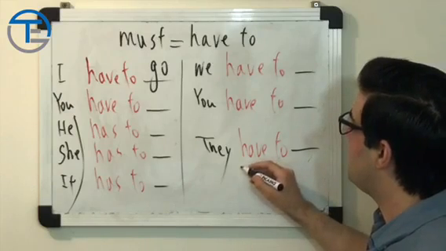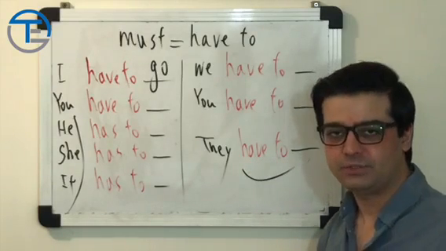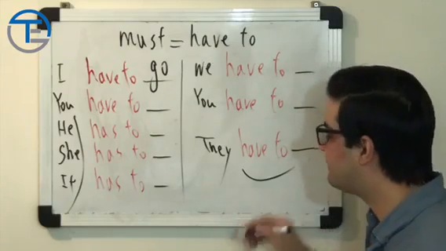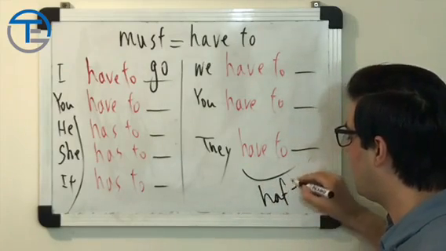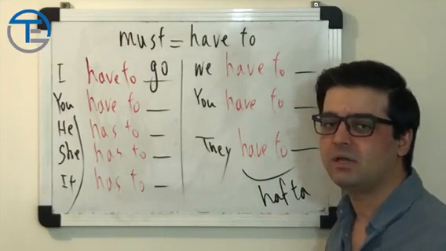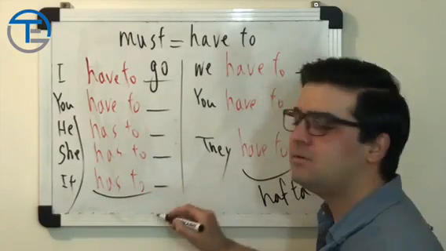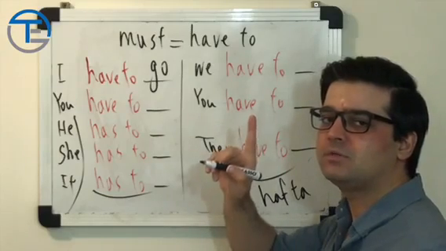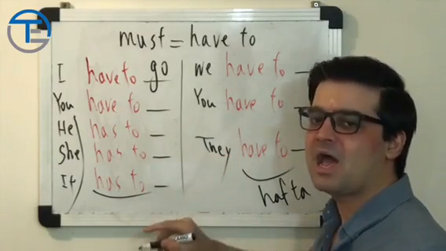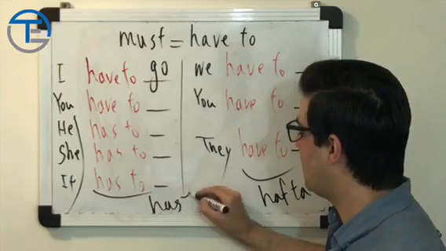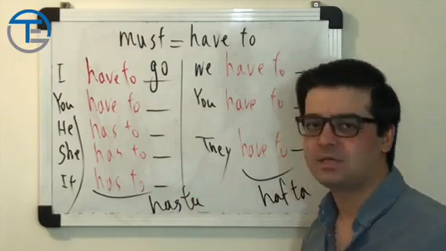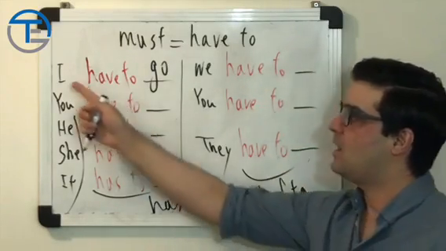You can say have to or has to in speaking, okay? Have to, has to. If you want to say it shortly, has to. I has to go.